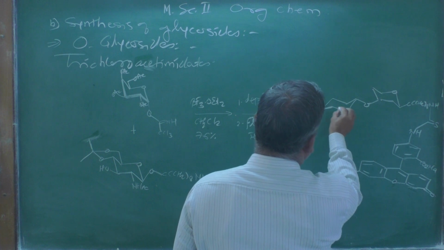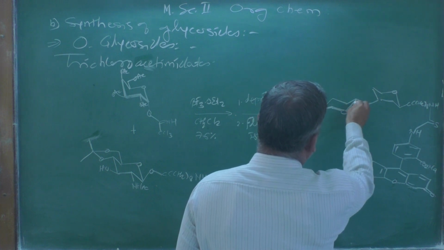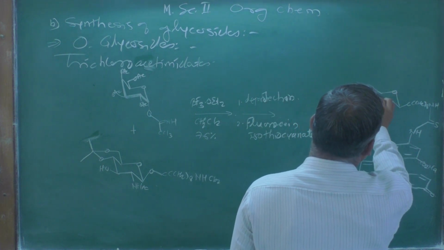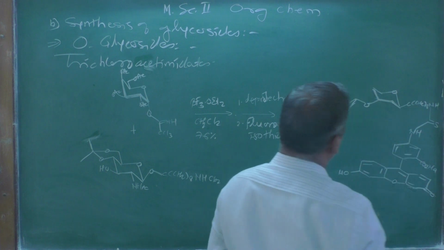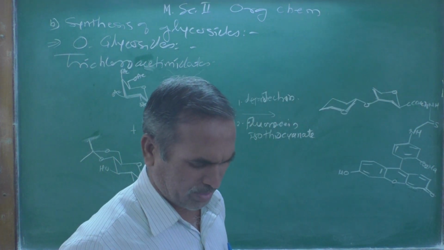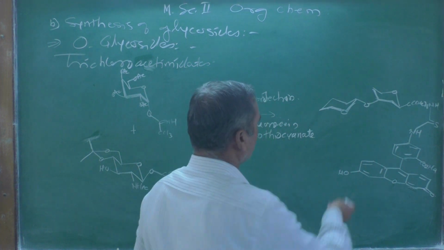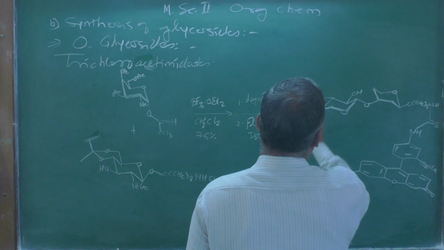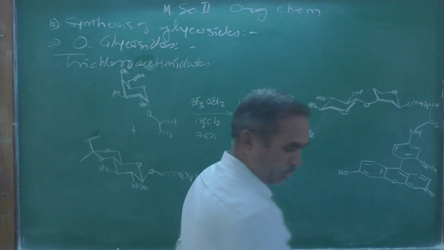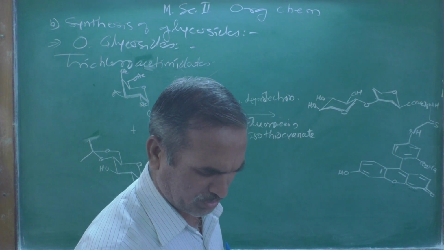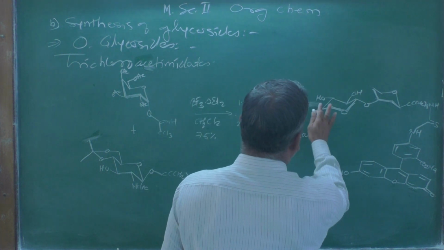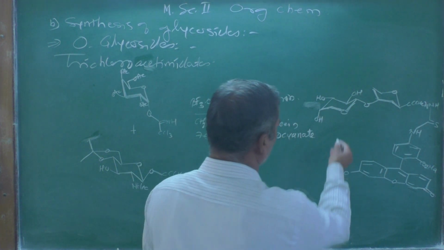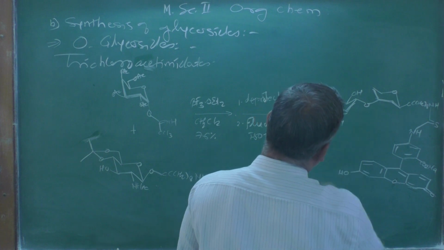Now I am darkening, this thick bond clearly indicates that it is above the plane, and the other part goes below the plane. Here all are the deprotected groups, hydroxy groups, all at equatorial position. I am showing, not this one, this is at axial position, not equatorial, and this hydroxy group again at equatorial position.